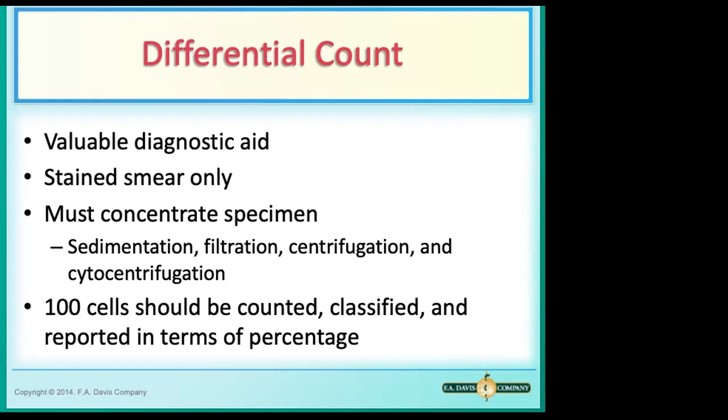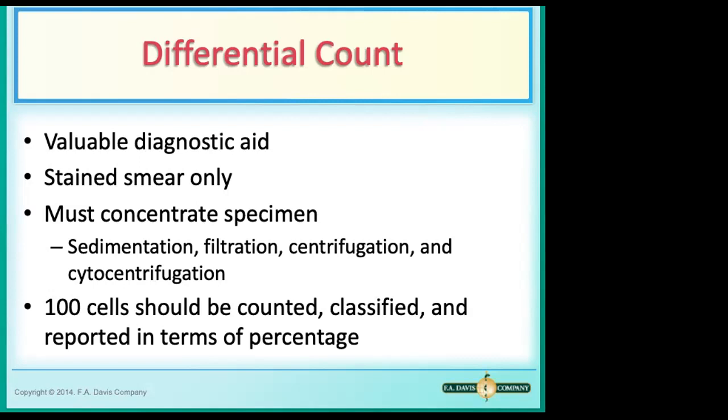Okay, so the differential count has to be performed on a stained smear. You will not do a differential count from the chamber because typically those are not stained, and also you won't be able to tell the difference from one cell to another by looking at it in the chamber.